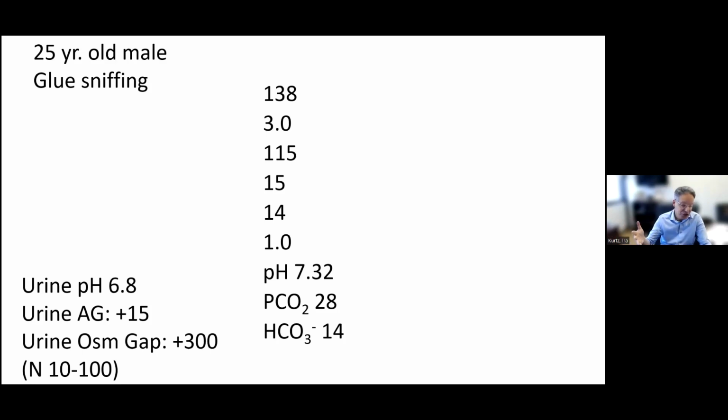If the hippurate didn't change, if the unmeasured anions stayed the same as before, then yes, you get a very negative number. So remember, the urine anion gap is a reflection not just of the unmeasured cations, but of the unmeasured anions. And in the case of toluene sniffing, you have a ton of hippurate in the urine.